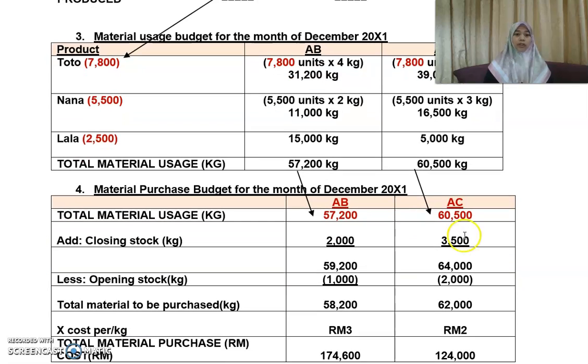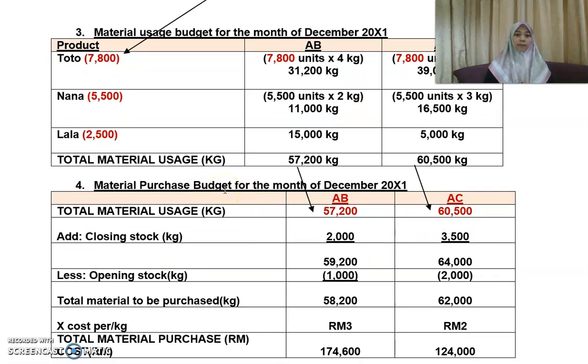Next, you go for the material purchase budget. So 57,200 kilograms of AB that you require. Do you have any opening or closing stock? So you do the adjustment for your opening and closing stock. In this case, you have the closing stock given in the question.